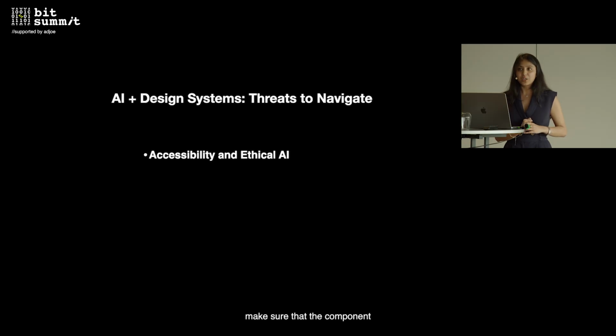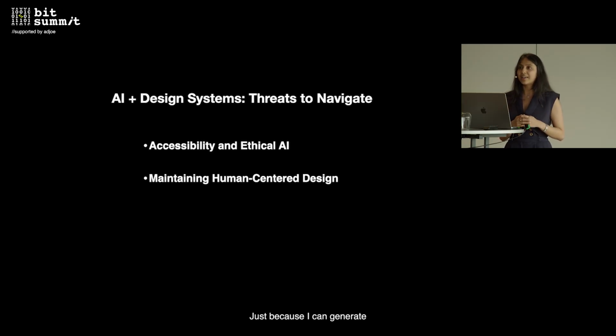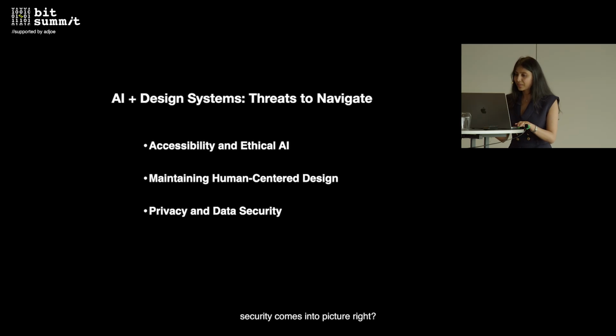We also want to make sure that the component is designed for humans. Just because AI can generate something fast doesn't mean that it actually has served the purpose and is inclusive. And of course, privacy and data security comes into the picture, right? So now let's just put this component to the test and check some of these guidelines or the compliance models.